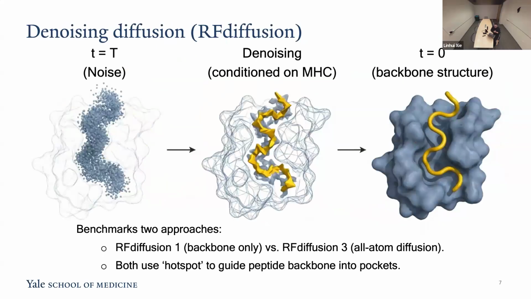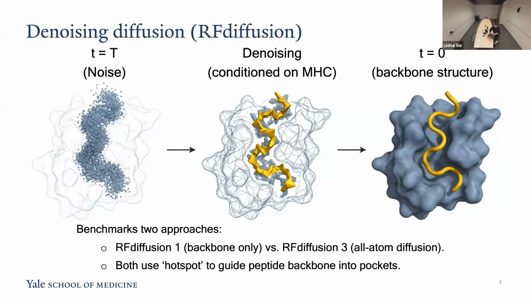You will see from this whole process that RFdiffusion, which we use for our whole benchmark analysis, achieves this complex balance of structural freedom and strict geometric constraints.